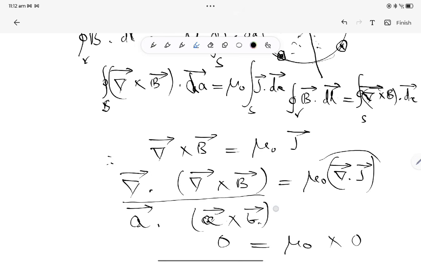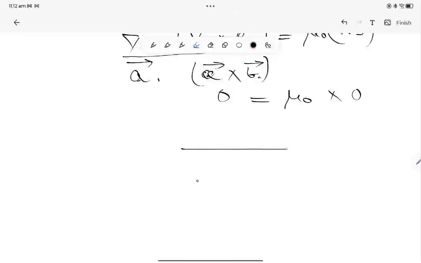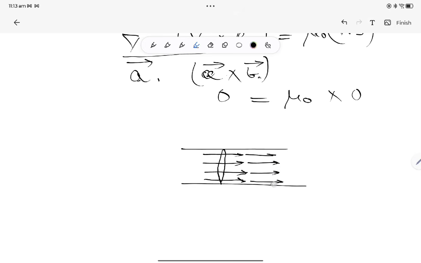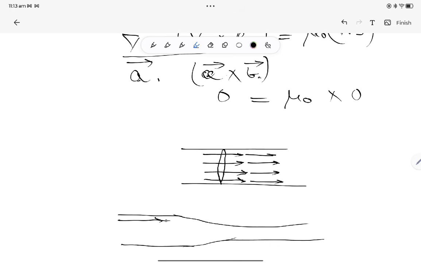It can be 0. The divergence of this current density can be 0. For example, if you have a conductor with uniform cross section and current flowing like this, of course, it doesn't diverge. You see, there is no divergence. On the other hand, if you have something like this, then yes, now there is divergence, a negative divergence, or you could better show this with a larger area of cross section.